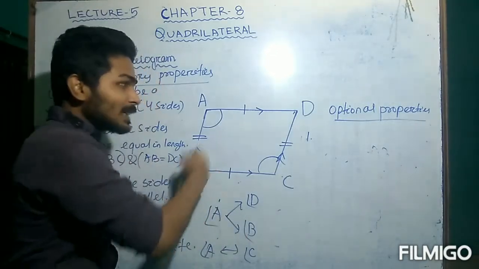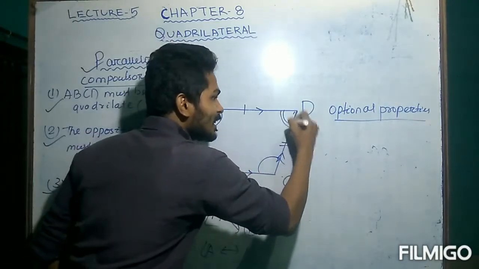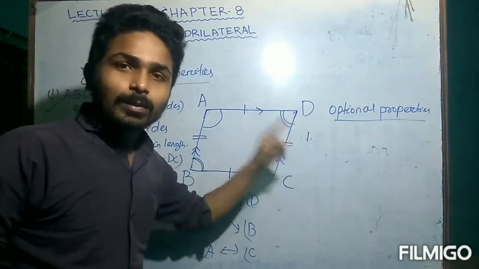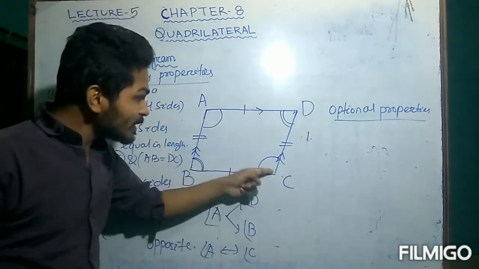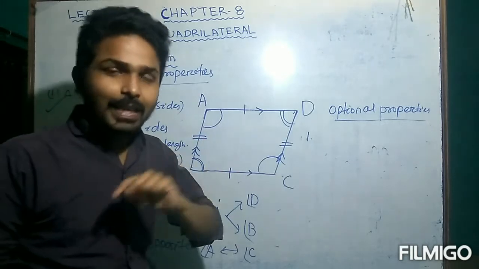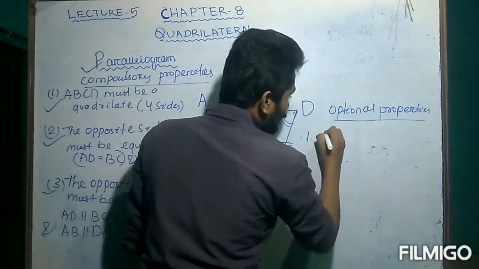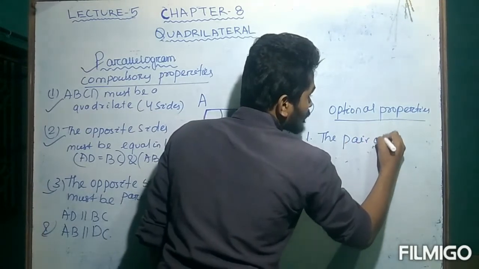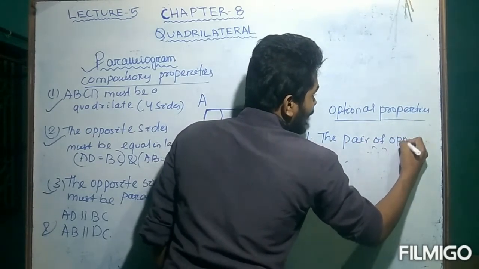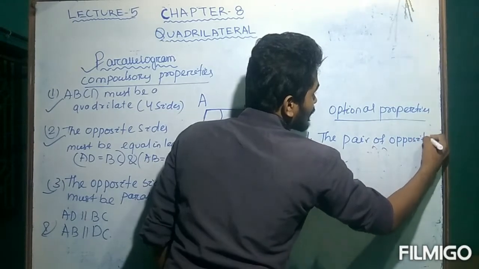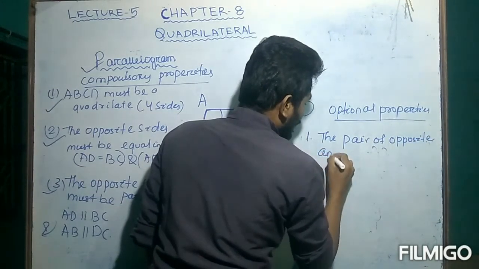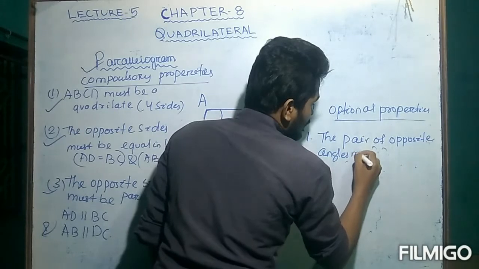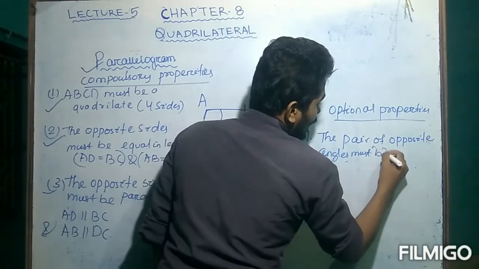For angle B, the opposite angle is this angle D. Then these two are also equal. So the pair of opposite angles must be equal. Okay, we can write it. The pair of opposite angles must be equal.